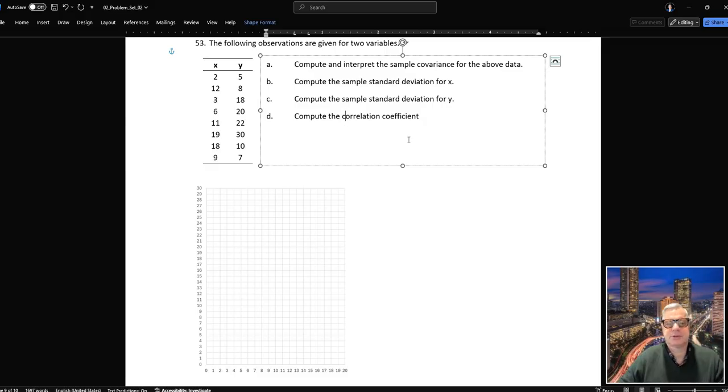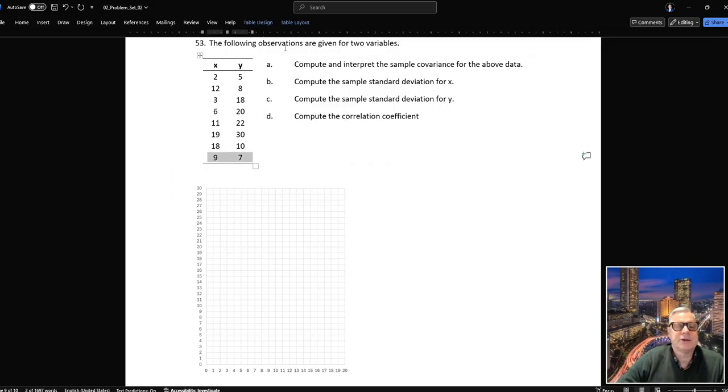Okay, let's first get an idea of what the data looks like. So we have x's and y's. There's a 2 and a 5, so that would be this observation here. Then we have a 12 and an 8. So 12 seems to be here.